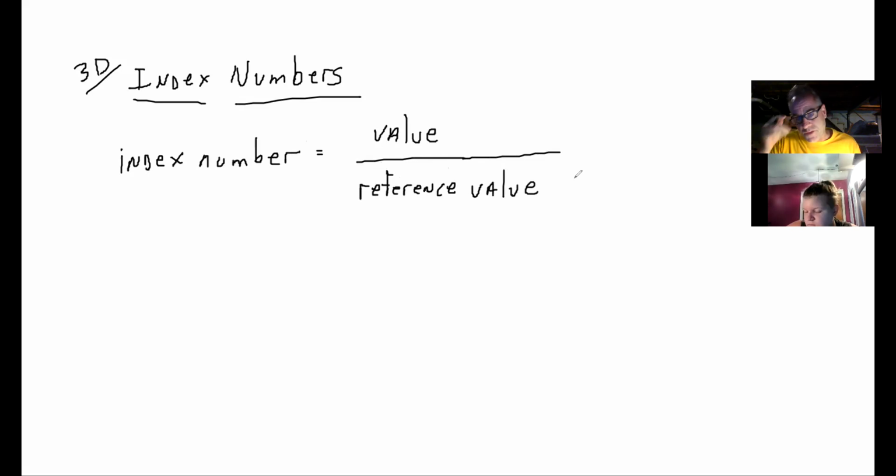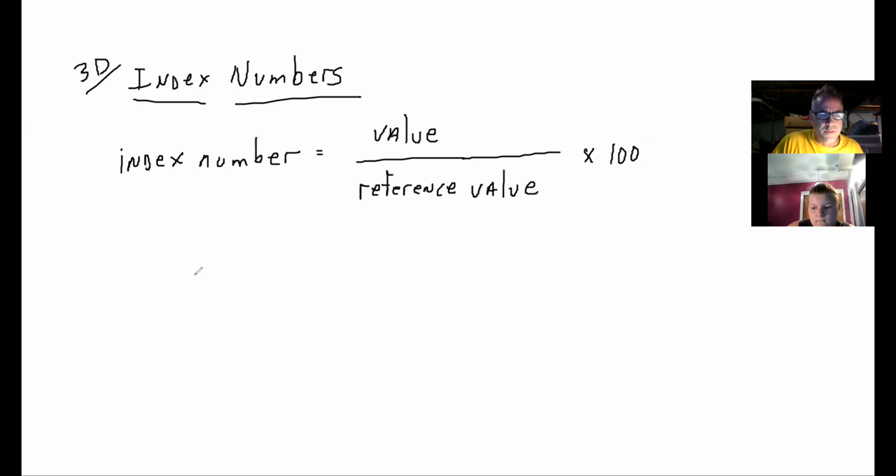And that would give us a number in decimal form. So if we then multiply by 100, we're going to get a percentage. And now, there is no particular rule for where to round an index number. Generally, for purposes of this book, we'll round them in tenths, so tenths place.